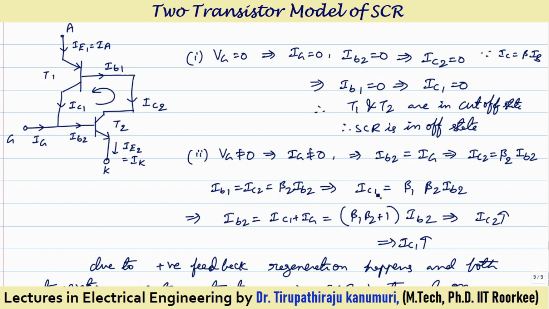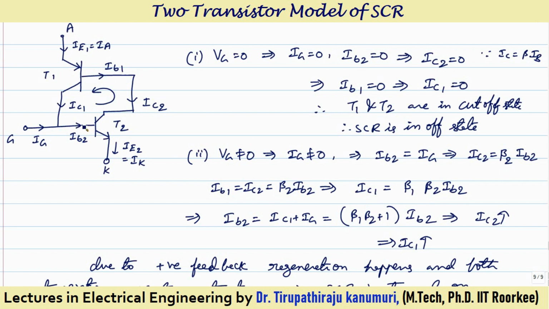Now IC1 will be equal to beta 1 times IB1. What is IB1? IB1 is beta 2 times IB2. So IC1 will be equal to beta 1 multiplied by beta 2 multiplied by IB2. So what is the value of IB2 now?